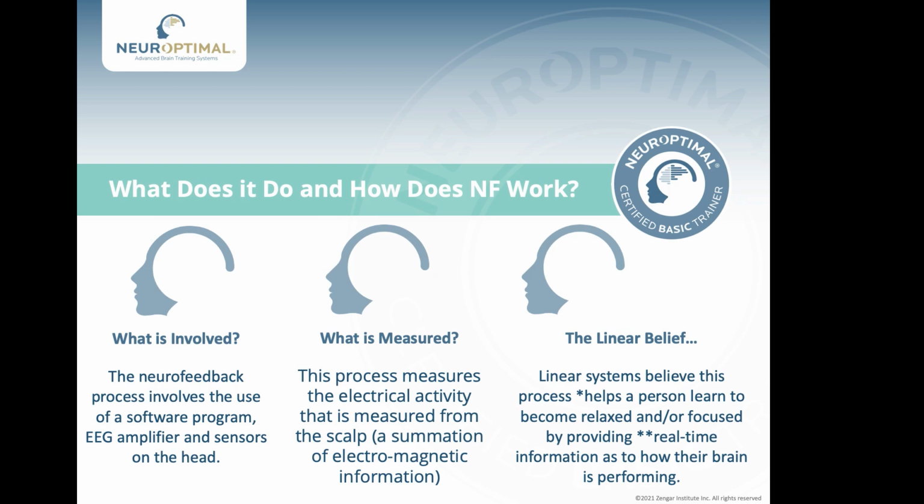So there is no way for us to influence one electrical current. What we are getting is a summation of that electromagnetic information that is occurring in the brain. Now, that is one of the biggest differences, one of the biggest challenges.